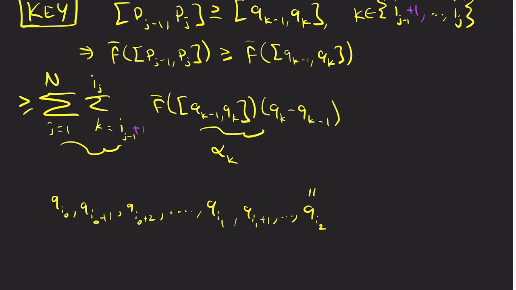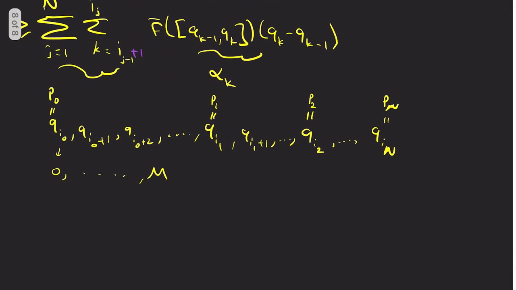And remember that this is equal to P sub 0, this is P sub 1, P sub 2, up to q sub i_n, which is P sub n. So we're just writing it slightly differently, but we see that this is summing all the way from 0 all the way up to m.